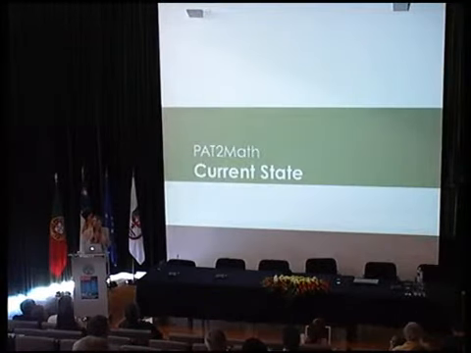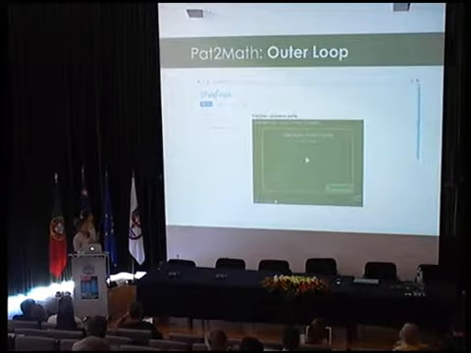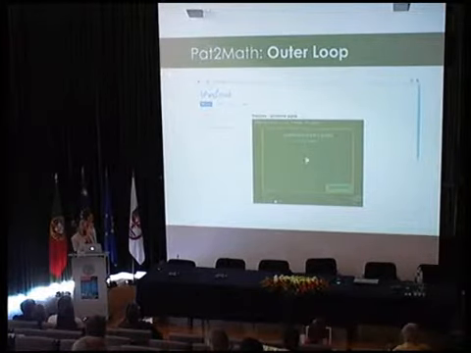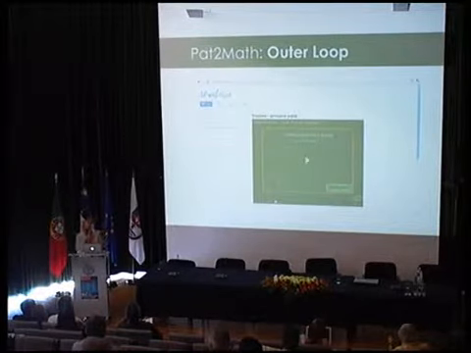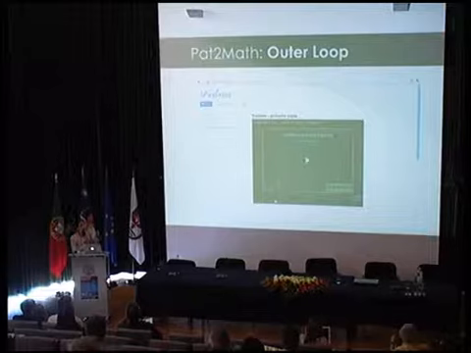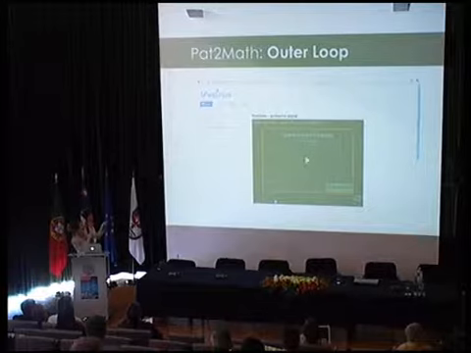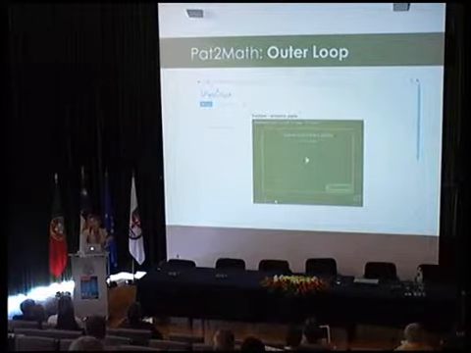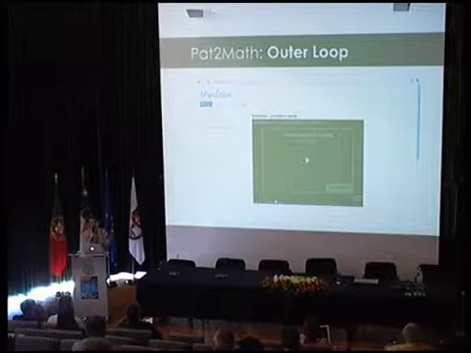So let's talk now about what we have in Path to Math, its current state. As I told you before, in an intelligent tutorial system we have the outer loop and the inner loop. In the outer loop, so far, we have a fixed sequence of contents, pages and sections that the students should follow, and afterward he should complete a list of exercises.